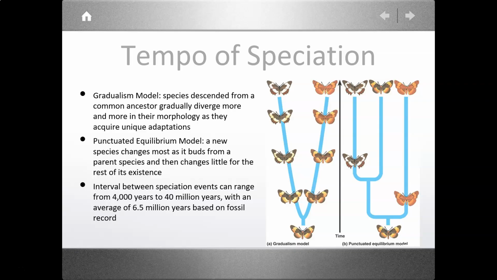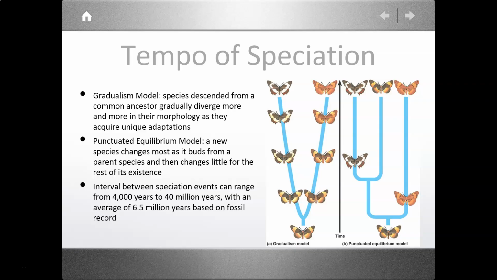Those species relatively quickly acquire a new set of characteristics that are beneficial to their environment. And then, so long as that environment remains stable, so do those species in terms of the characteristics that they have. New change in the environment and a new branch point from there.